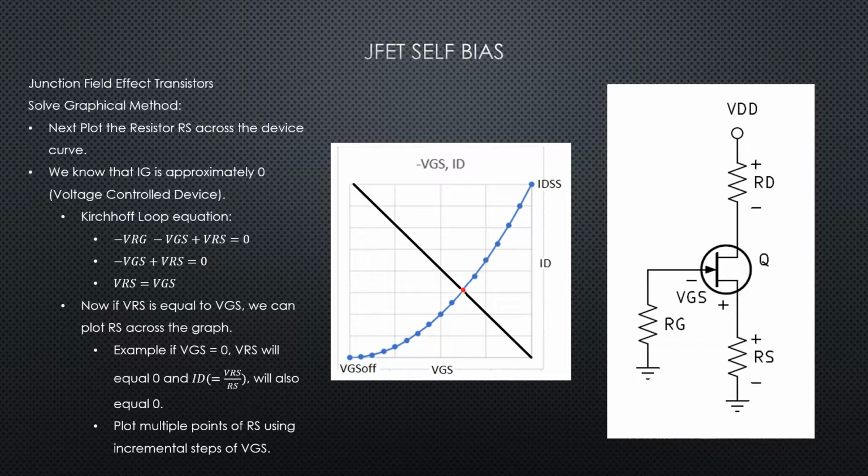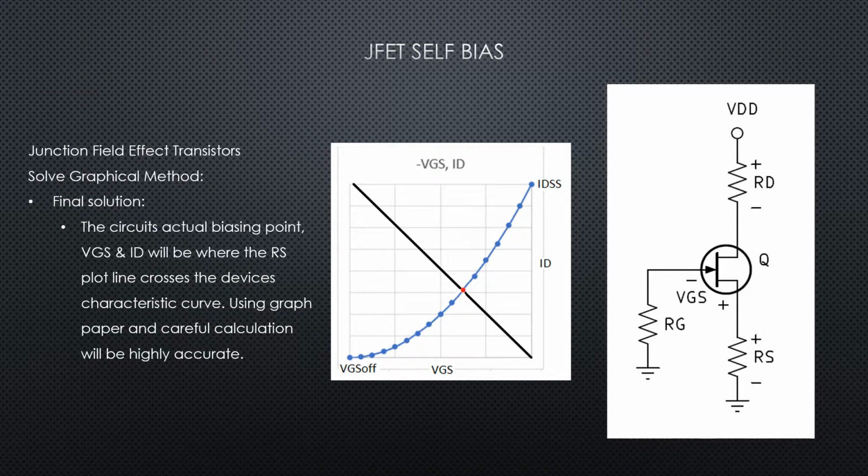As we develop the line across, you'll see it starts right in the corner because we're starting at 0 volts and 0 ID. You can see where the circuit line crosses the characteristic curve, and that is where we're going to be operating for your circuit. That's going to be your circuit ID and your circuit VGS.